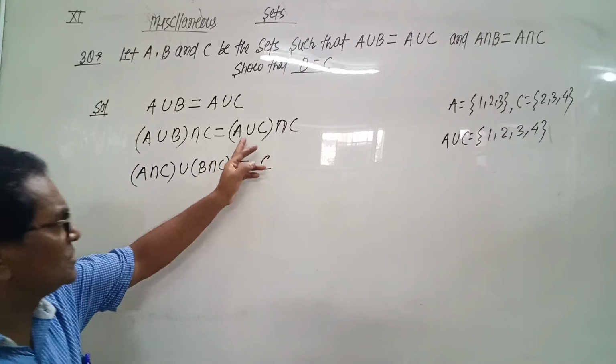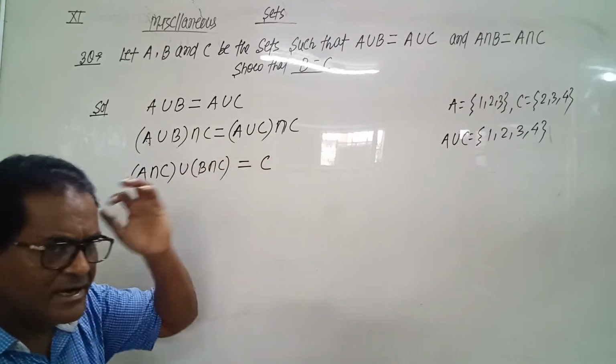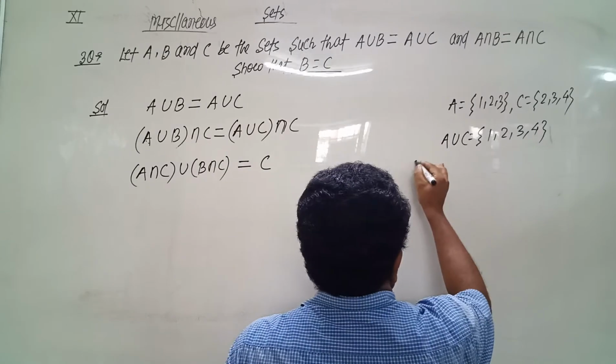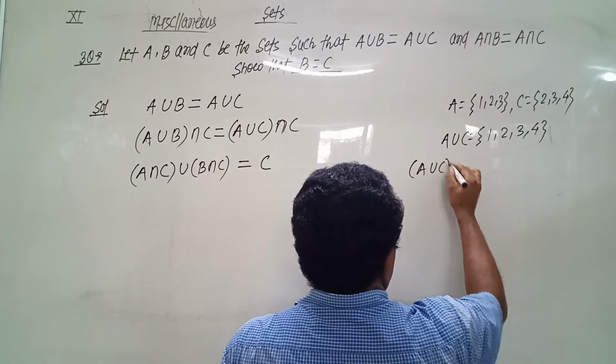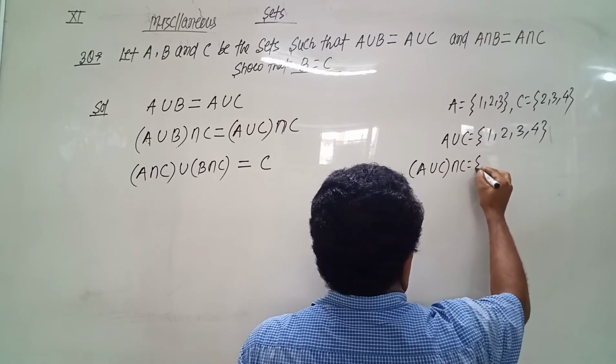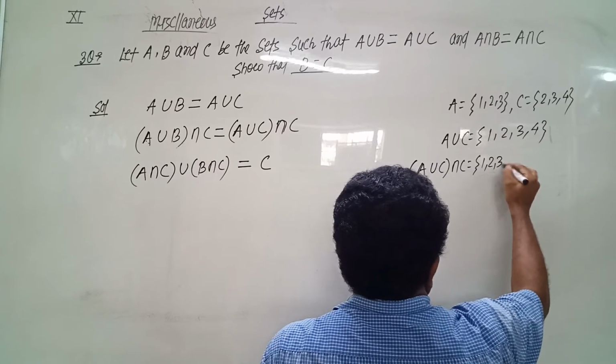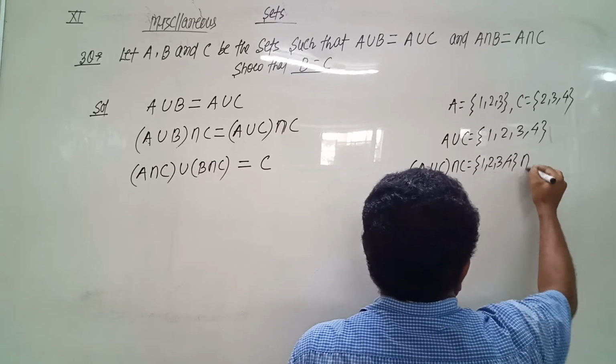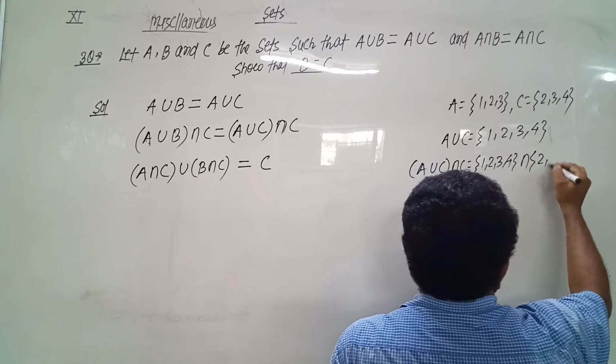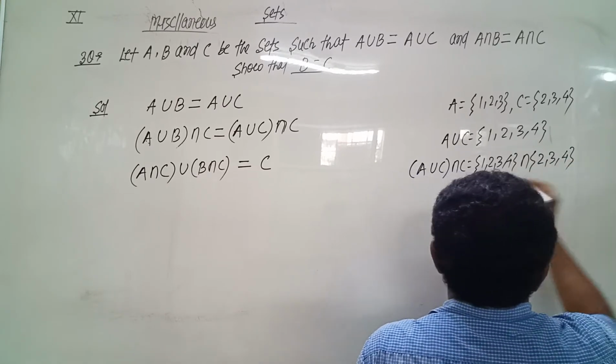Now we calculate (A union C) intersection C. A union C is 1, 2, 3, 4, and C is 2, 3, 4.